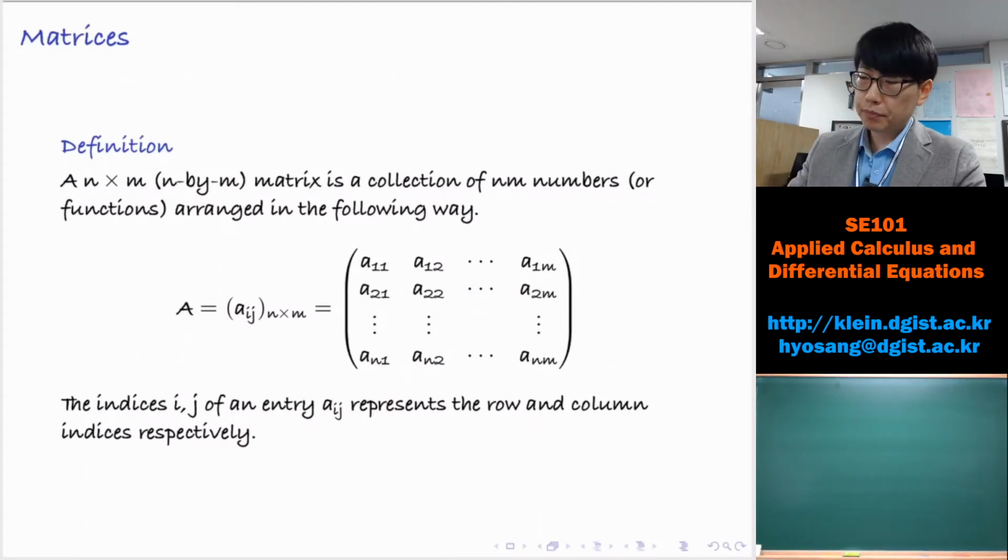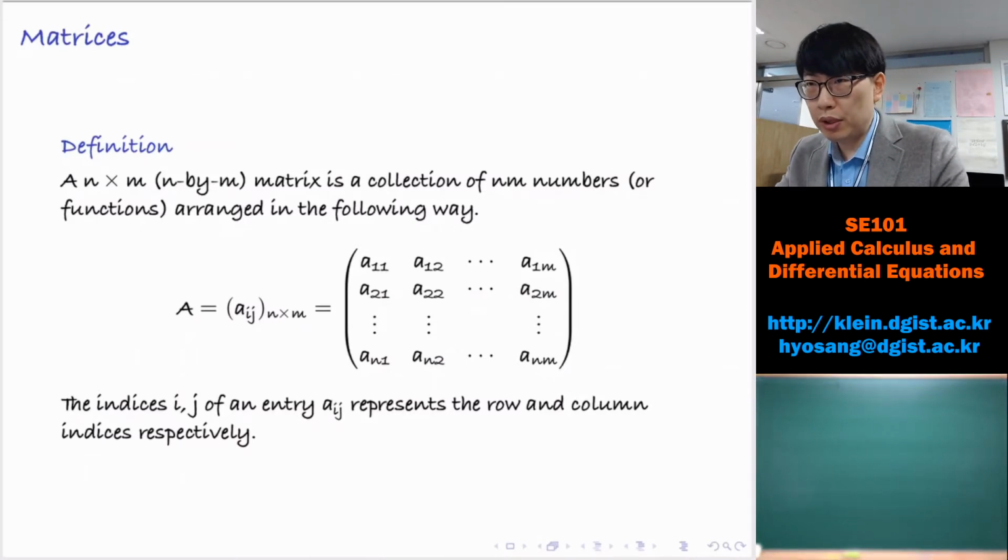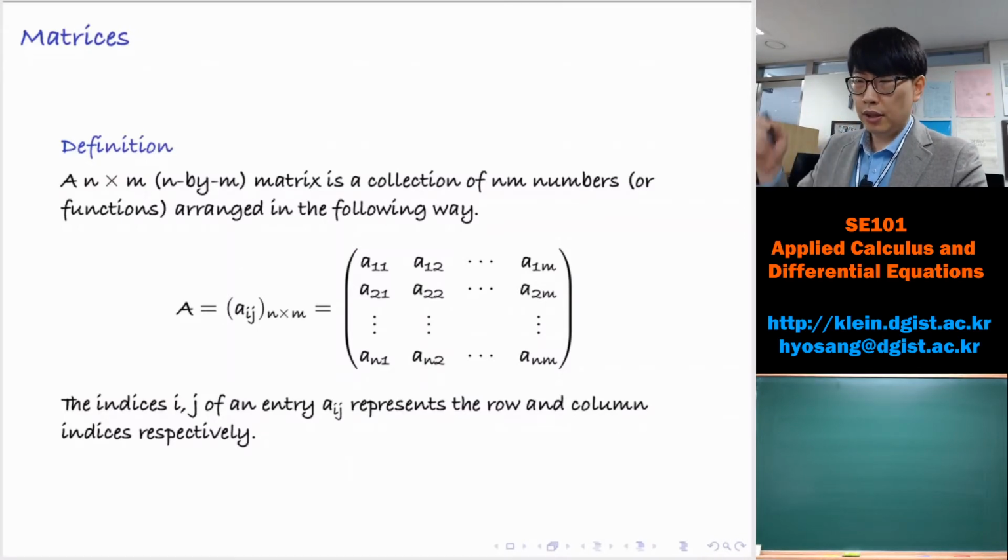Usually when we say large A is a matrix, we denote its entry as small a sub ij, where i, the first index, is the index of the row, and j, the second index, is the index of the column.